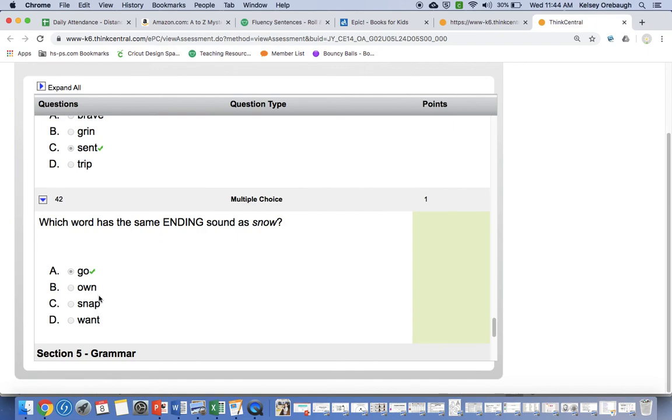So B is not correct. B ends in N. C, snap. Snap. P. Nope. And want. NT. The blend NT is not the same as O. So go is the correct answer.